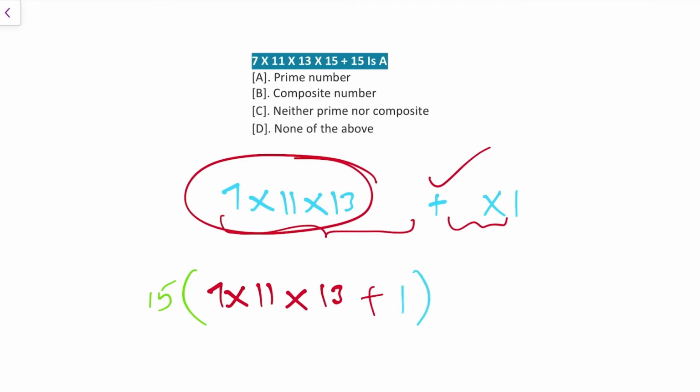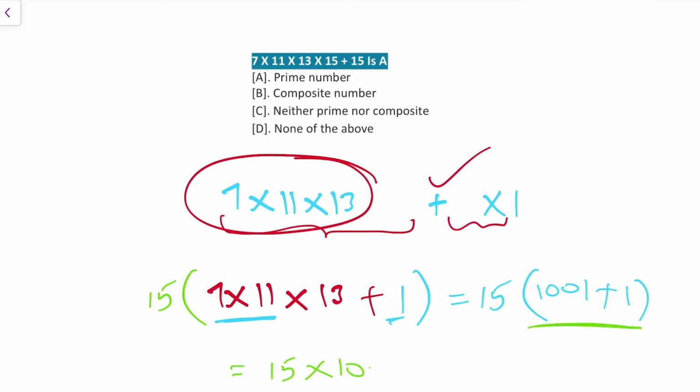So plus 1. That equals 15 times, where 7 into 11 is 77, 77 times 13 is 1001, plus 1 as it is. So we get 15 times 1002.